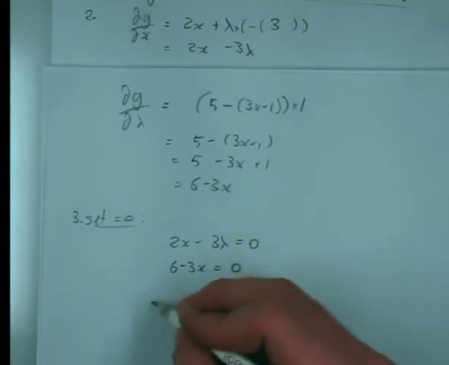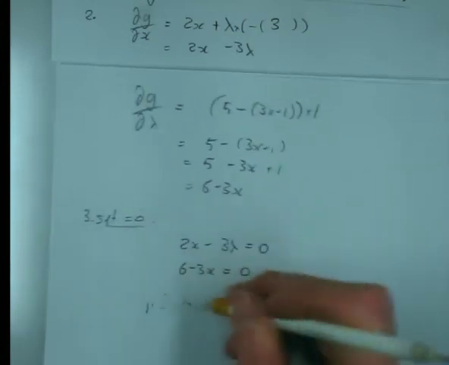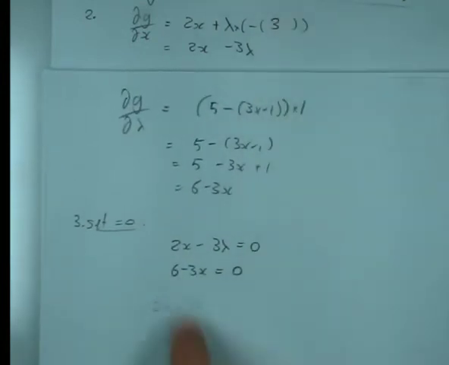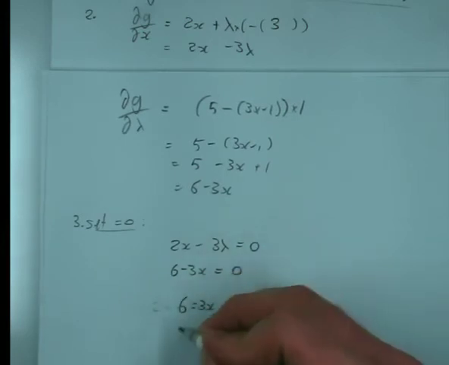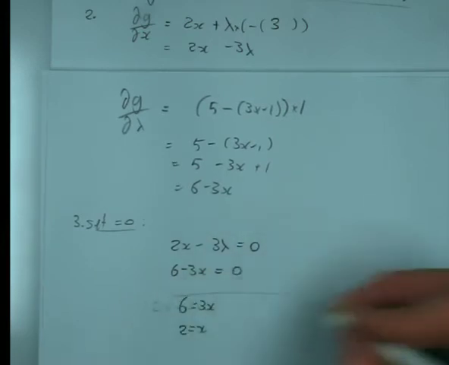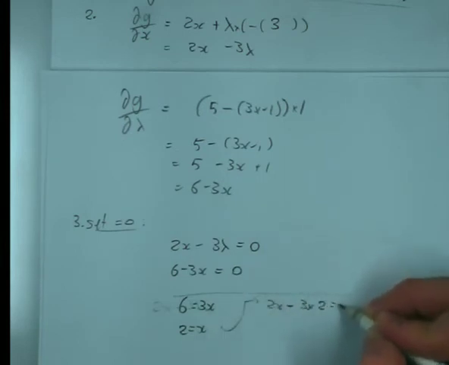So I can go 2x minus 3 lambda. From the second one, I've got that 6 equals 3x, and so 2 equals x. And then I can sub that into the other one, 2x minus 3 times 2 equals 0.